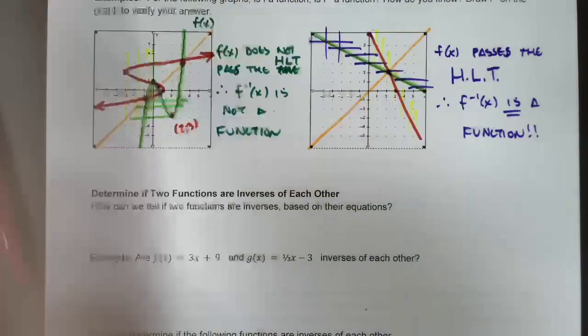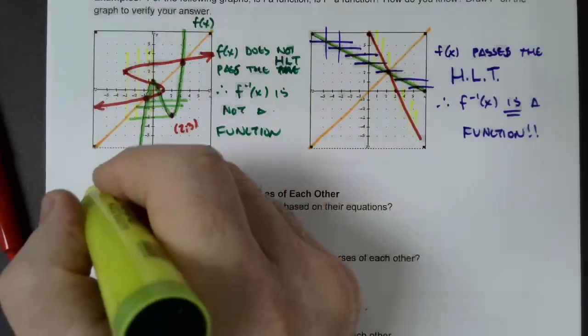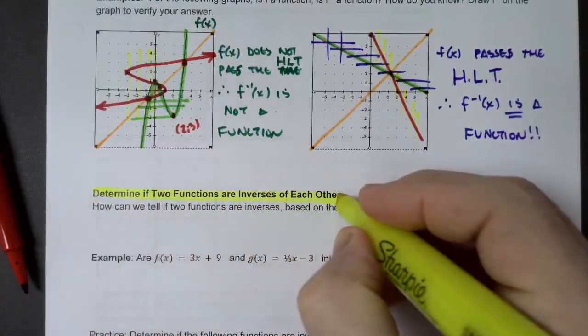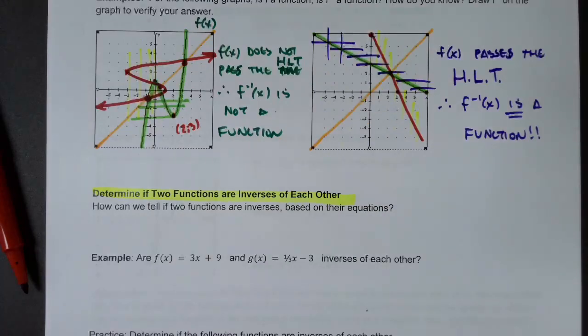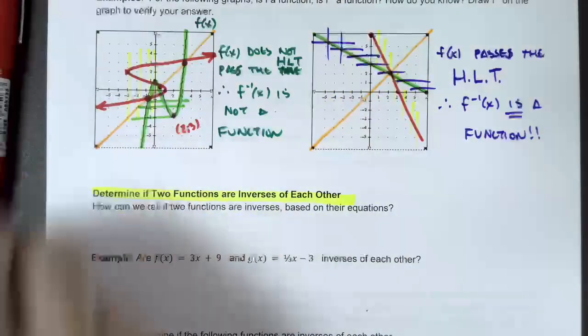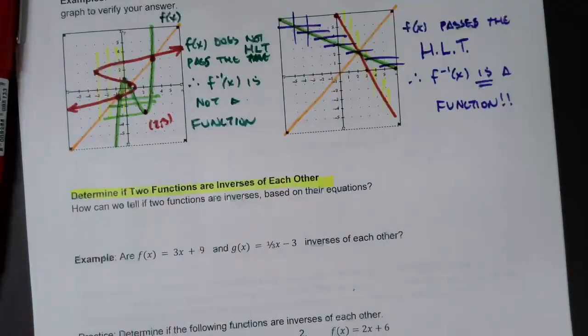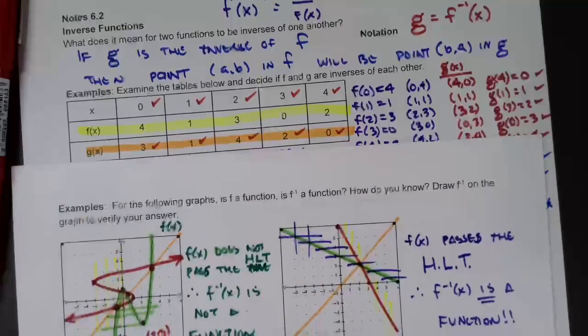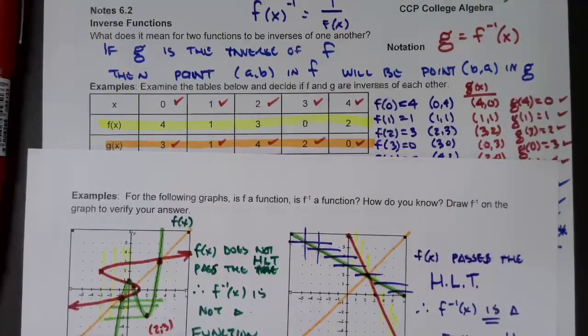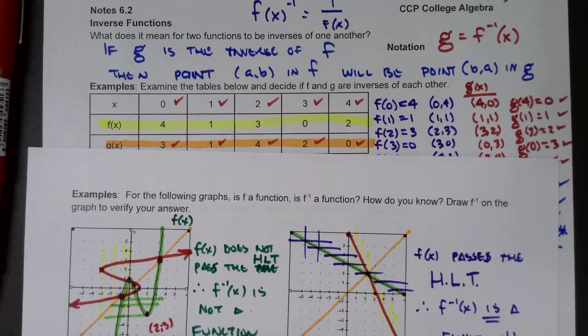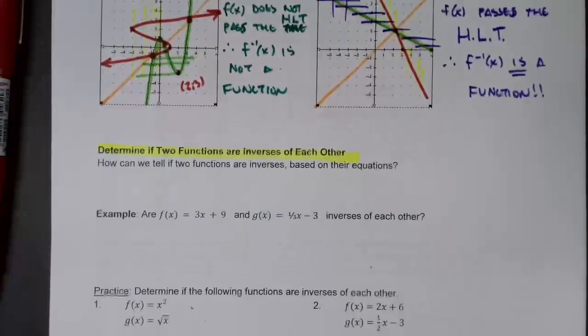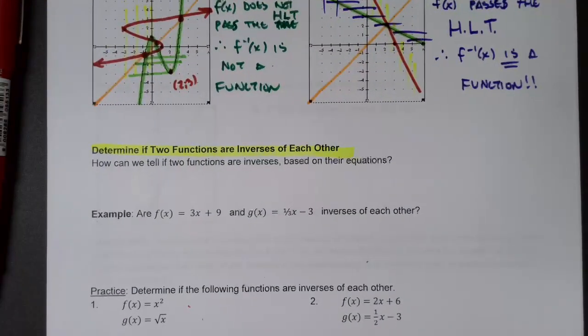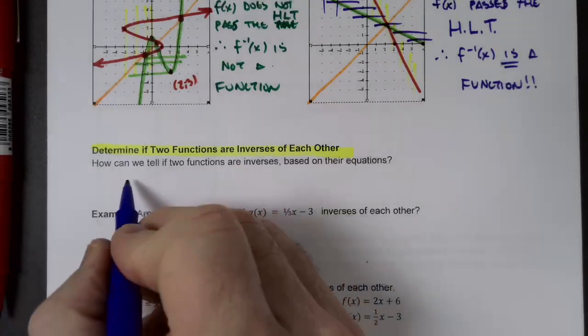All right. So now, what if we want to determine whether they are inverses of each other? Well, we can list out all the points, but that can be pretty tedious, especially if we don't have the table already for us. So there is an algebraic way of showing this, and that's by using our composites.